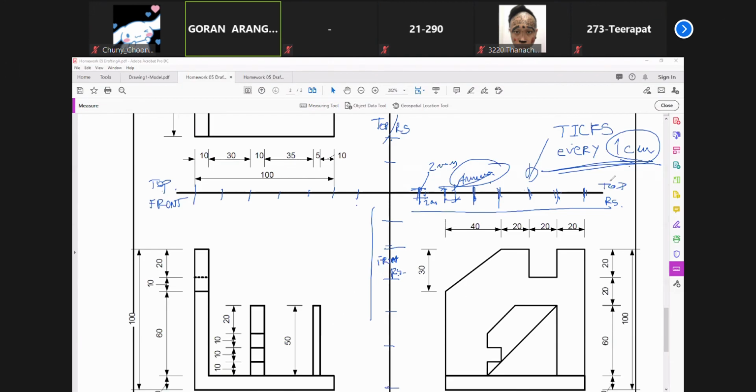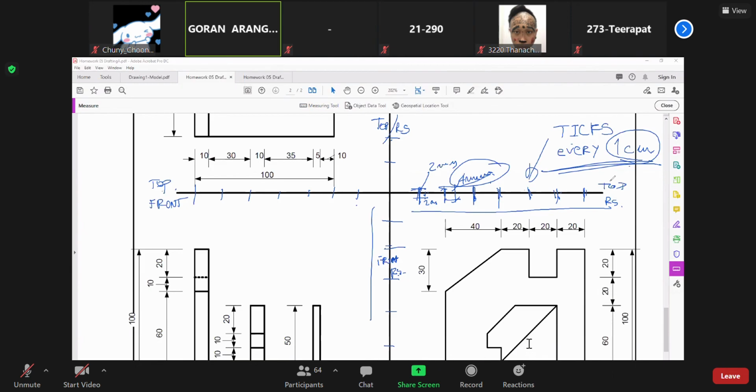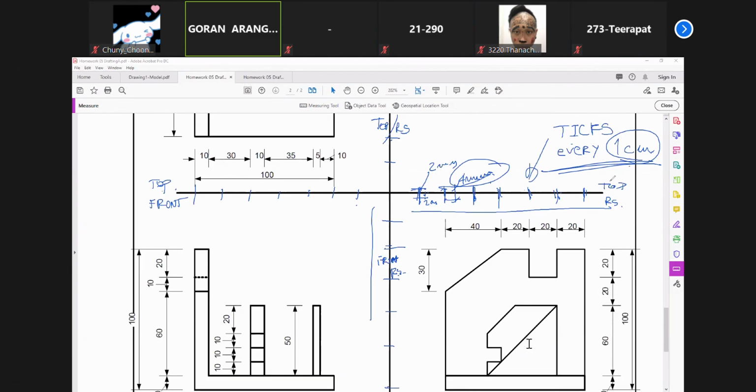Or can anyone tell me whether you're requested to start coming to the university for any of your subjects, especially the subject that has a laboratory? Okay, if no one would like to answer.